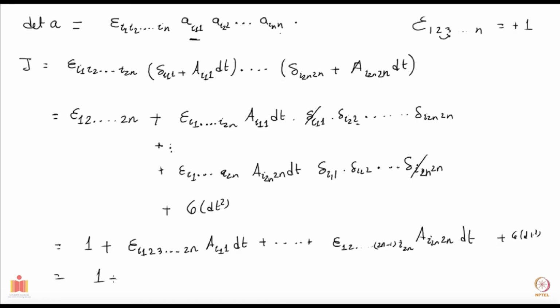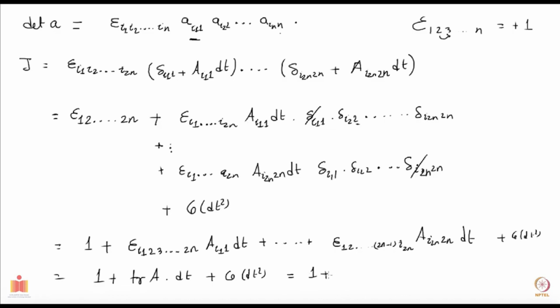So it is 1 plus, this will be a11 dt, next one will be a22 dt, and similarly a2n 2n dt. So you have the trace of A times dt. Okay, the sum of all the diagonal entries is the trace of this matrix A. Okay, that's good.